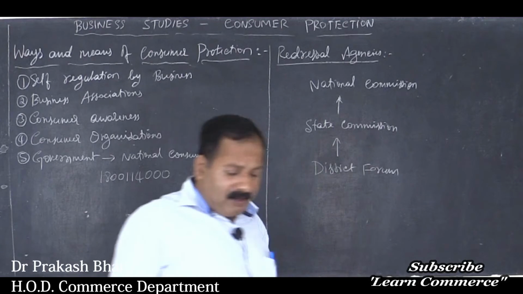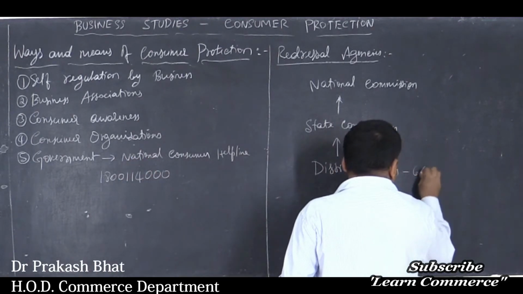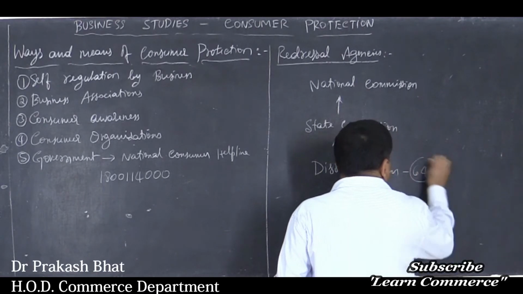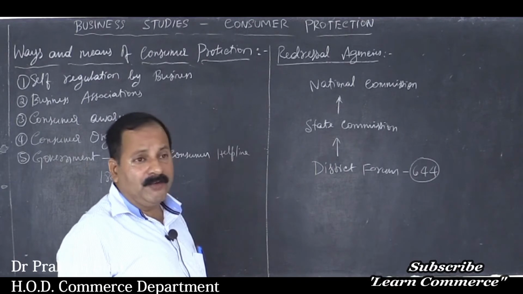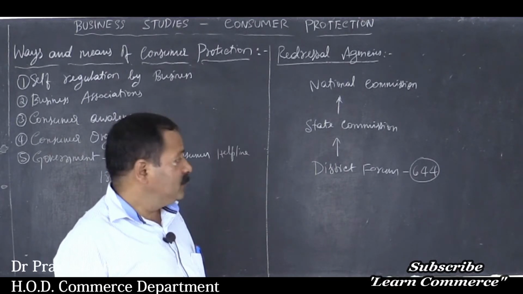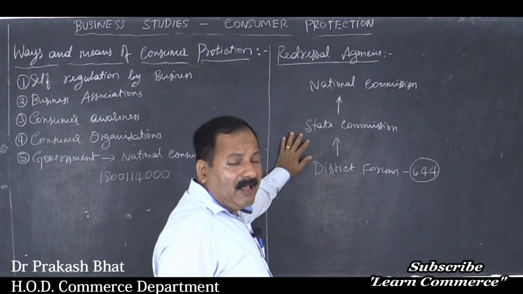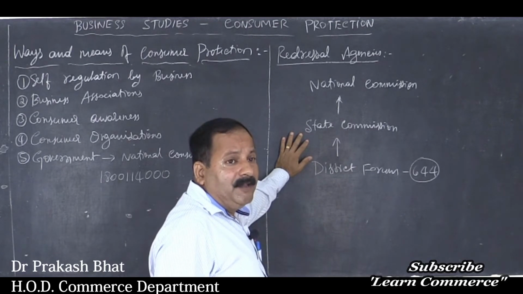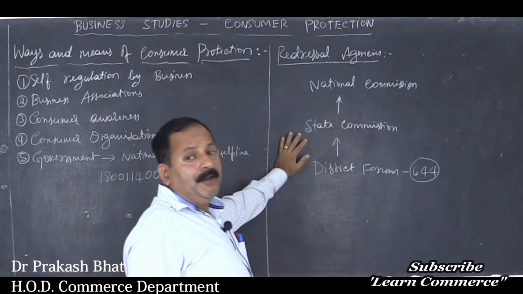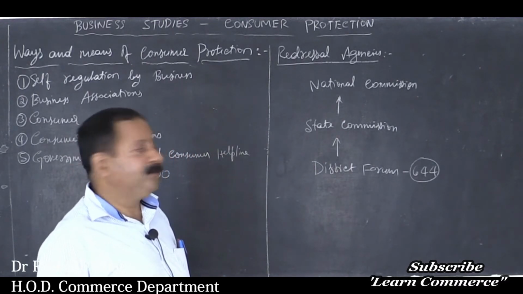District forum, there are 644 district forums in India. Maybe for one district there may be 2 district forums depending upon the population and the size of the area, isn't it? So here the consumer can file a suit for any grievance that he has or anything suffered by using or purchasing the product of the seller, trader, business people or manufacturer.